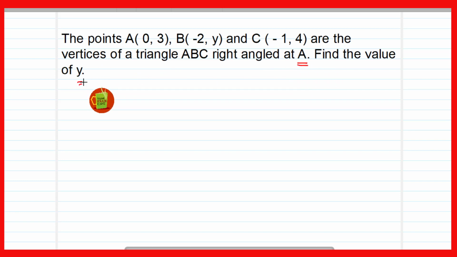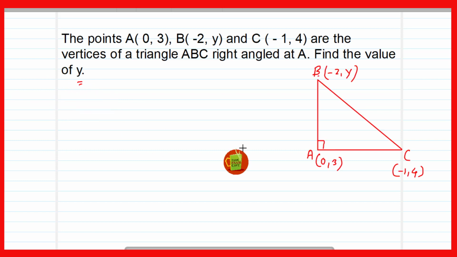So friends, here I first draw the right angle triangle ABC, right angled at A, and the coordinates of its vertices A, B and C are given, and we have to find the value of y, the y coordinate. So here we can apply the Pythagoras theorem, because this is a right angle triangle.